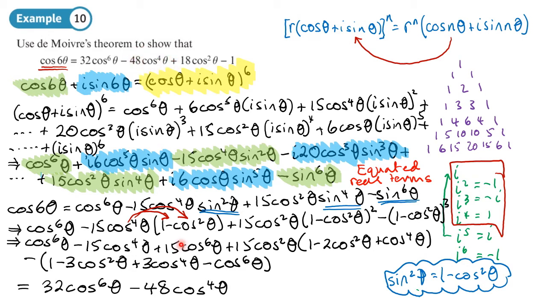So now we'll look at the cos squared terms. So we're going to have 15 of them from here when we multiply out those brackets. And then because we've got minus and minus here, that's adding another 3 lots of cos squared. So that will give us 15 plus 3, 18 lots of cos squared theta.